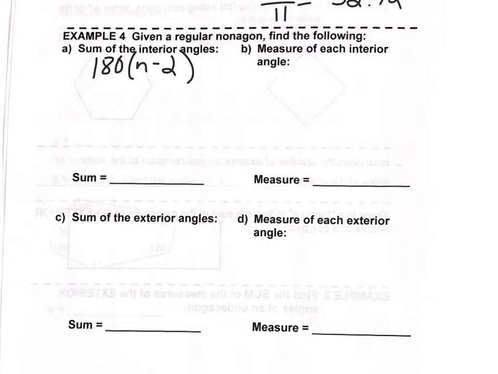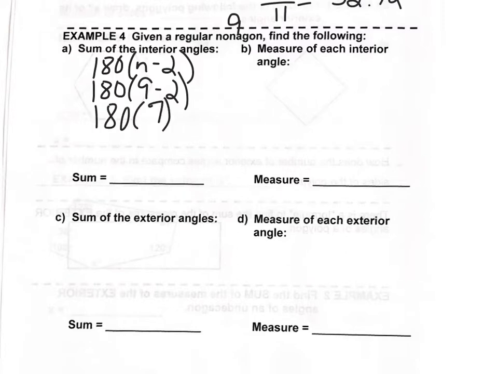And we're dealing with a nonagon, so that's 9 sides, okay? So we're going to do 180 times 9 minus 2. So that's going to be 180 times 7, which is 1260. So that's the sum of the interior angles, okay?